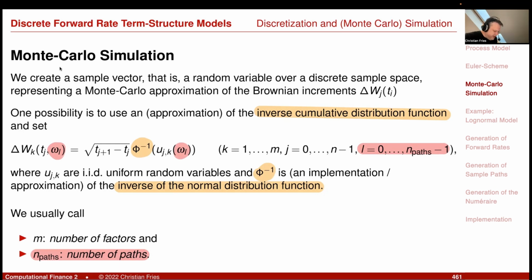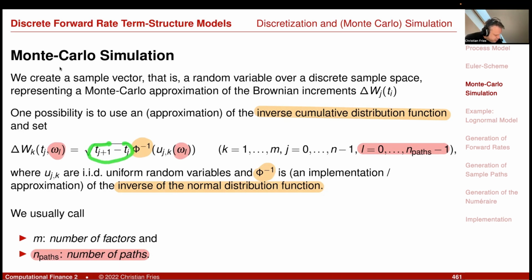Okay, you know that Brownian increment delta W has mean 0, and it has variance being equal to the time step size. So if it is the delta W observed in t_j, it is the guy that moves from t_j to t_j plus 1. So t_j plus 1 minus t_j is the variance.